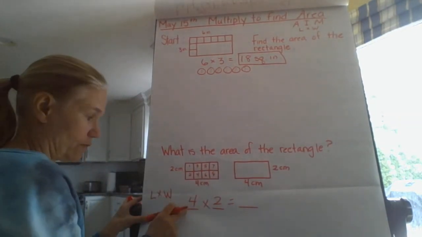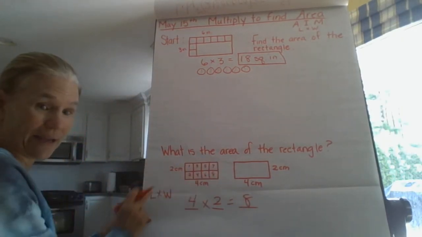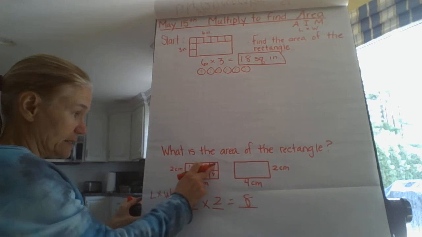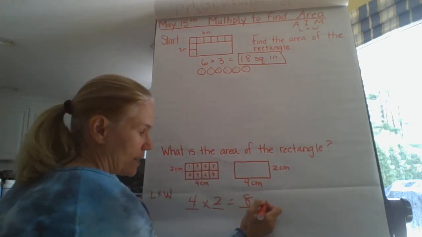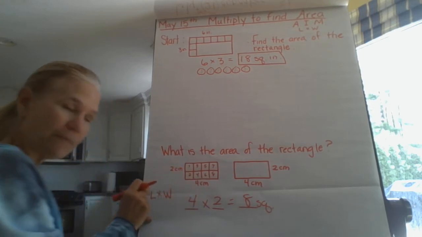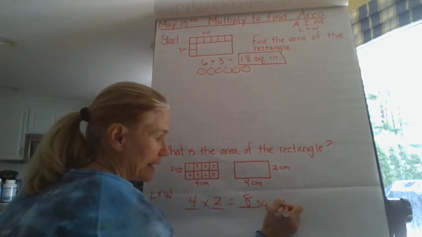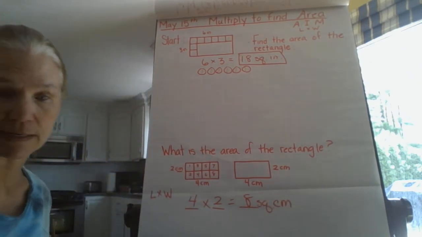Now I know 4 times 2 is 8. And I know the area of this rectangle, the inside, is 8 square, because that's what I'm counting, those inside squares. And because they tell us the unit is centimeters, we're going to put 8 square centimeters.